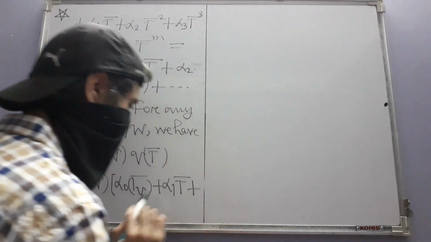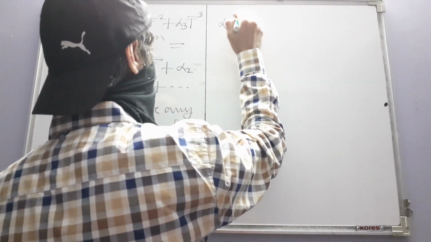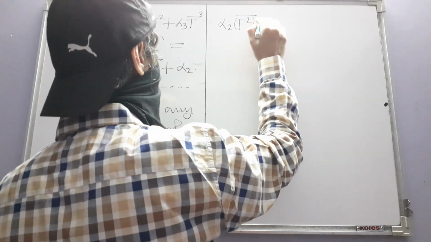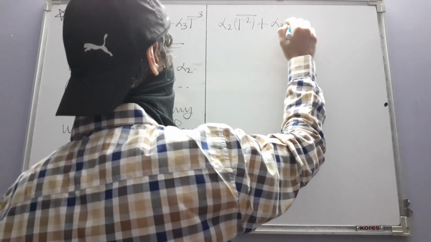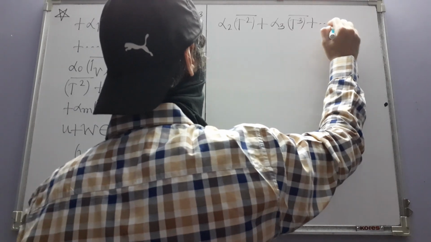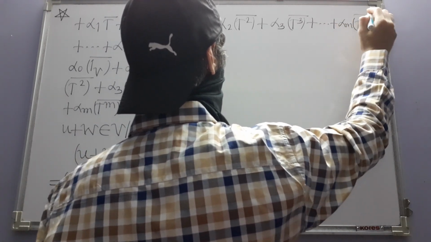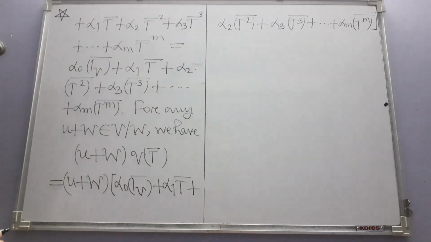Plus alpha 2 t square bar plus alpha 3 t cube bar plus alpha m t to the power m bar.